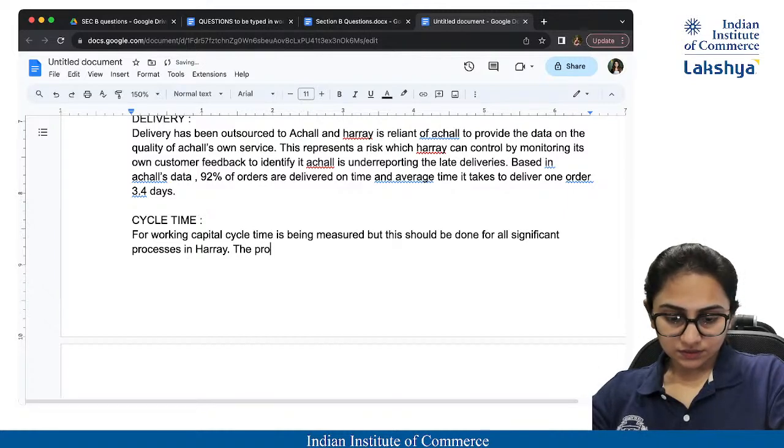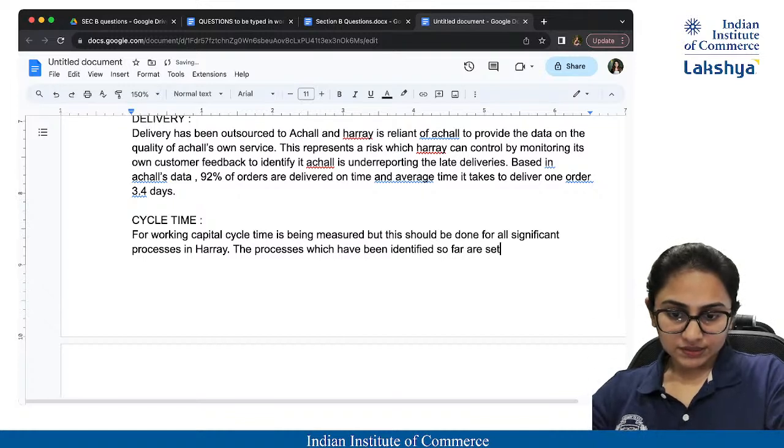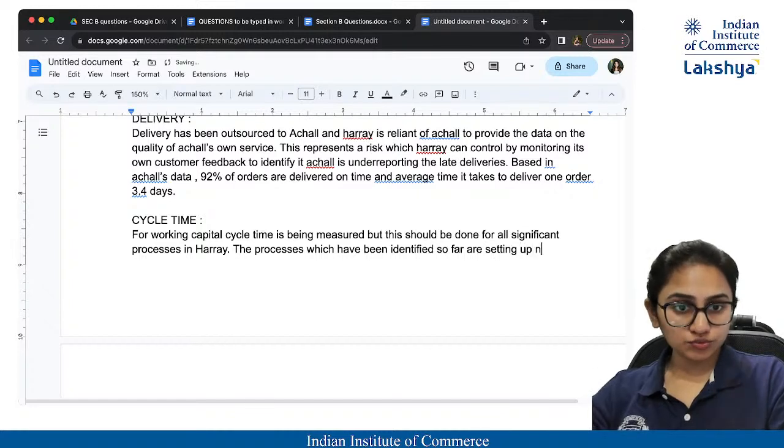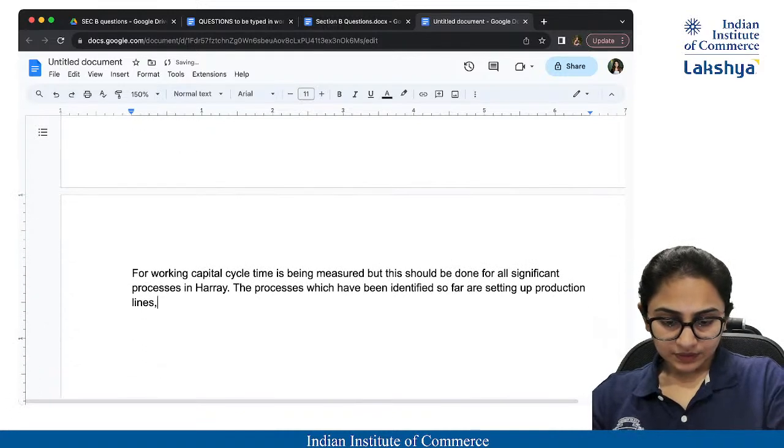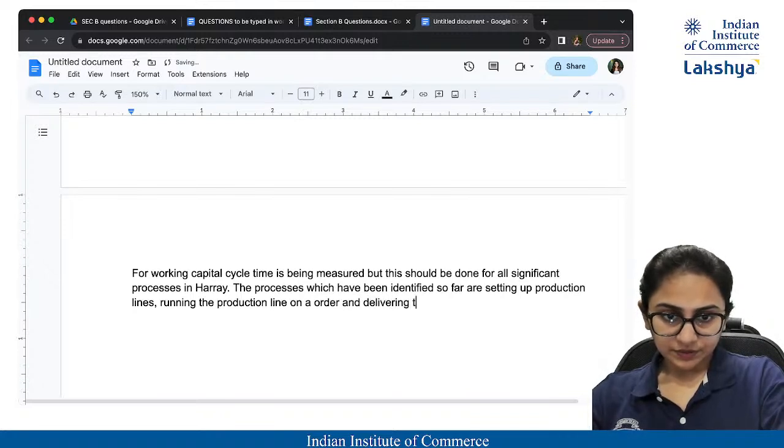The processes which have been identified so far are setting up production lines, which takes 2.2 minutes, then running the production line on an order, and delivering the order.